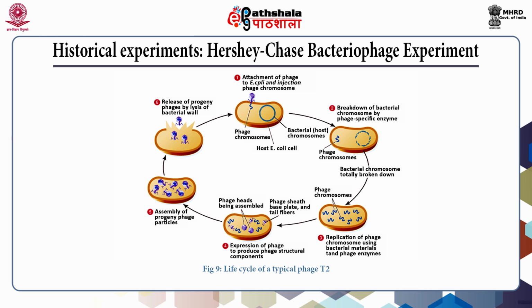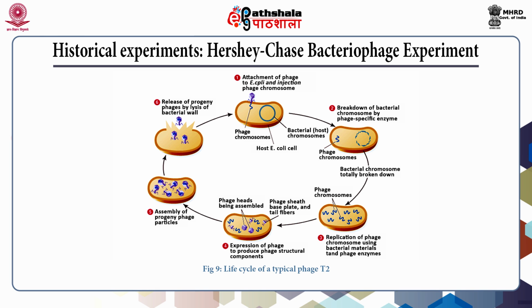Inside the bacterial cell, degradation of the chromosome was initiated by the phage using its enzyme. Following the infection step, the viral information commandeers the cellular machinery of the host and directs viral reproduction.